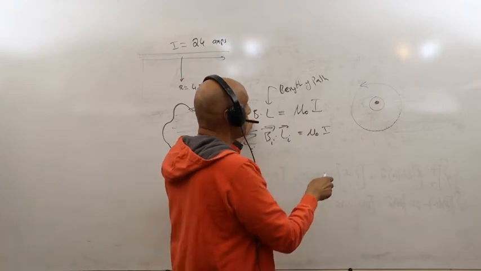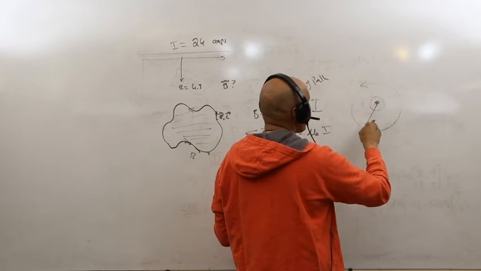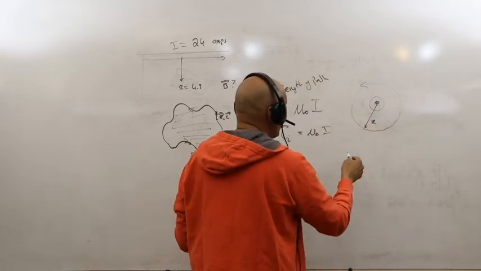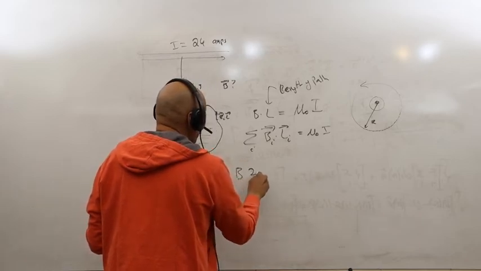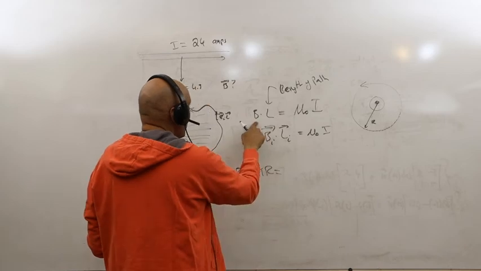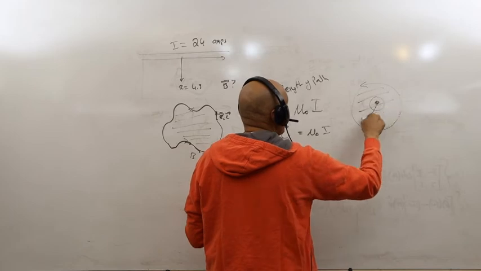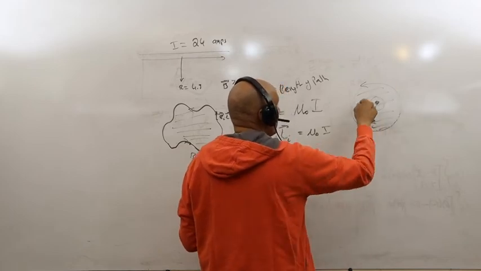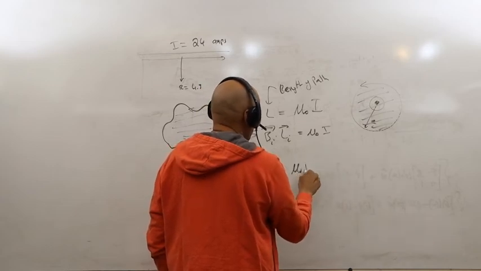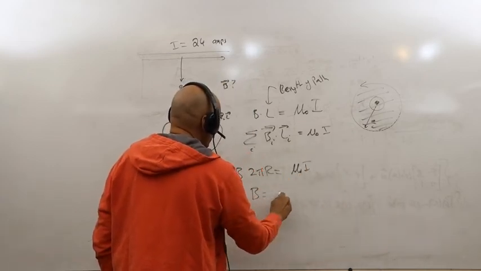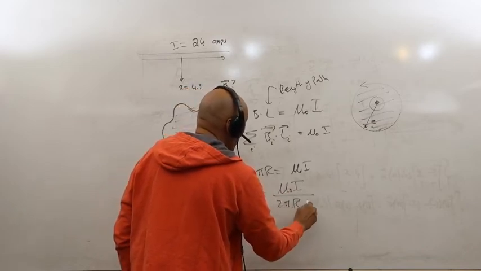If you're at a distance of r, what is the circumference of the circle? It's 2 pi r. So B times 2 pi r is equal to the current that punctures the area delimited by this circle, which is mu O times I. So the magnetic field is given by mu O times I over 2 pi r.